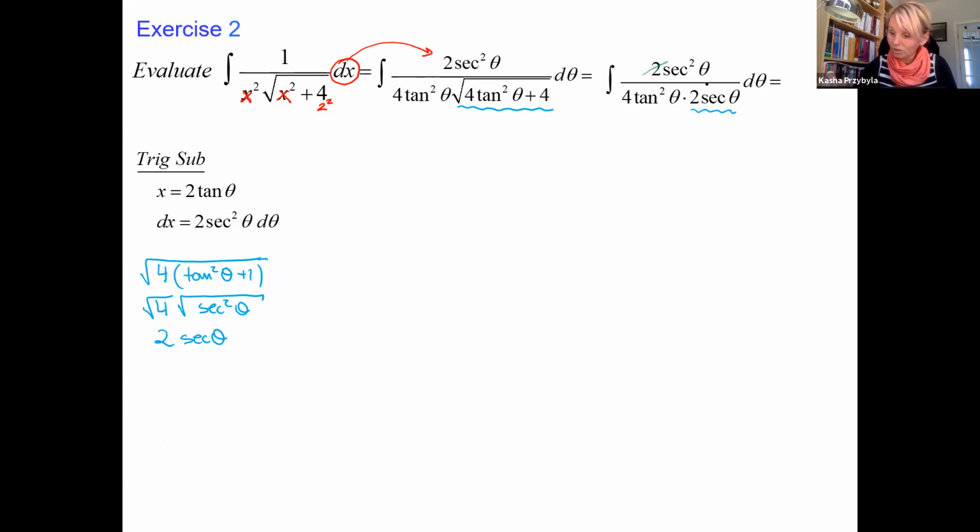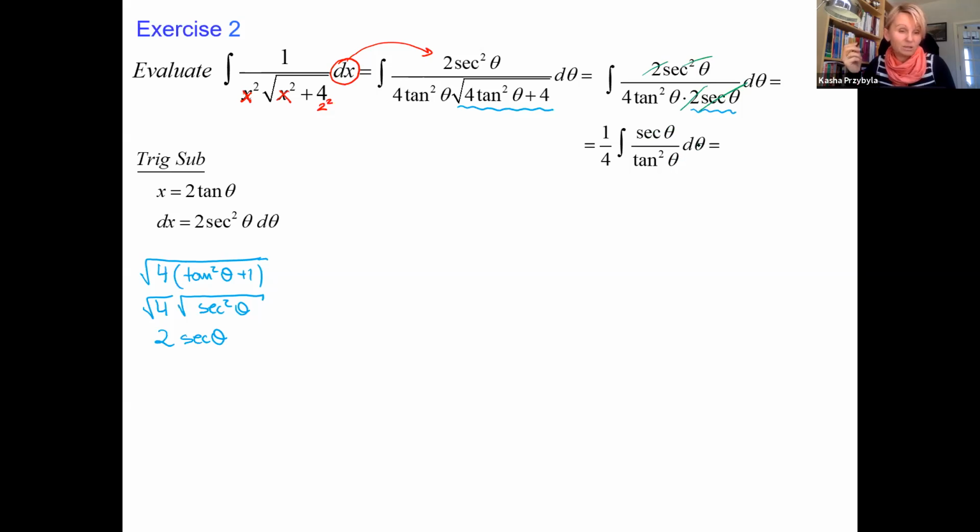The 2 and 2 squared give us 1/4. Secant theta will stay and tangent squared will stay.